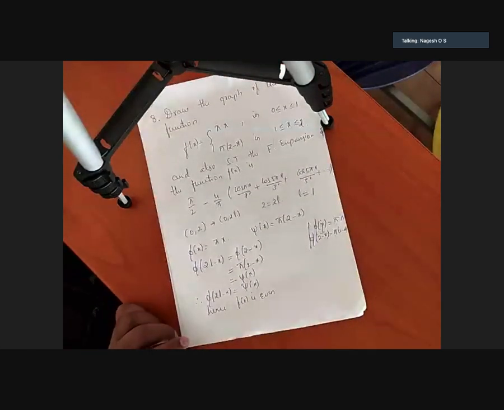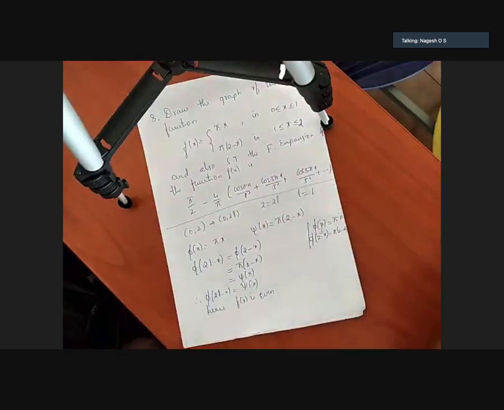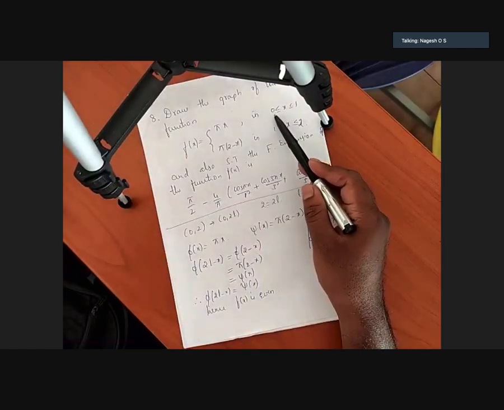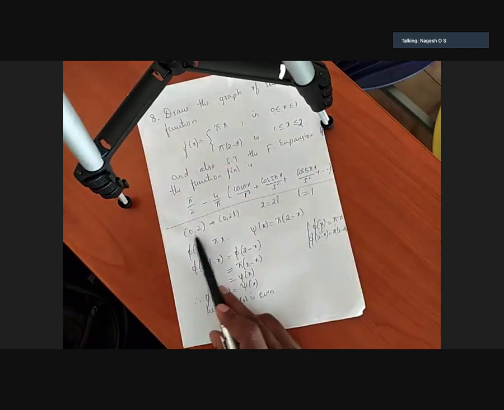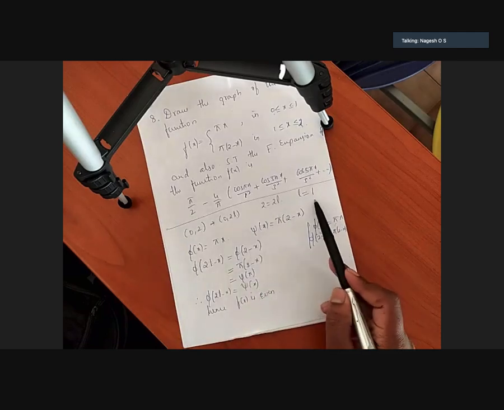Hence f of x is even. Okay, what I did, I will explain from starting up to here. It is the given problem. First thing is, this is a periodic function of period 0 to 2. Compare that with 0 to 2L. Find out L value.